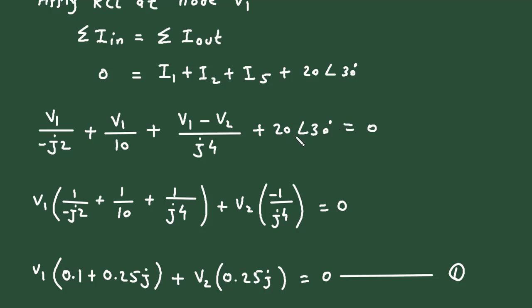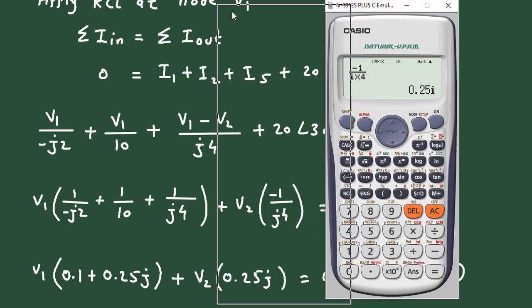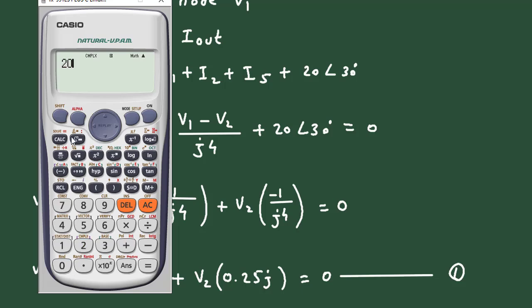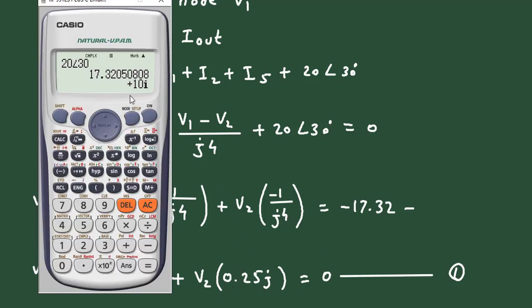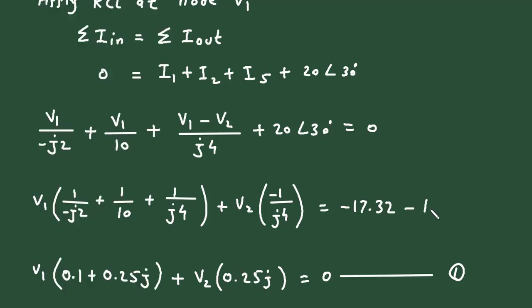Then we can convert this polar form to rectangular form. 20 at an angle 30 degree is 17.32 plus 10J, so on the right side it will be minus 17.32 minus 10J.